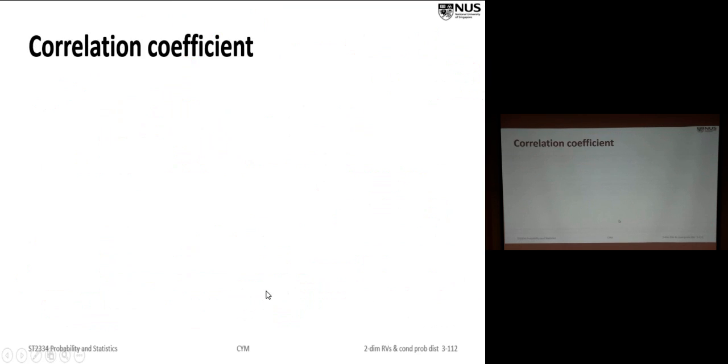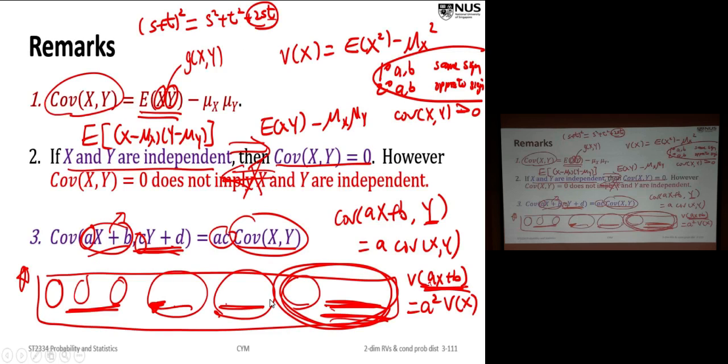All right. In fact, this is something to do with finance. When the investor looks at the portfolio, A and B are the proportions. X represents the return of stock A, Y represents the return of stock B. I want to minimize the variation.